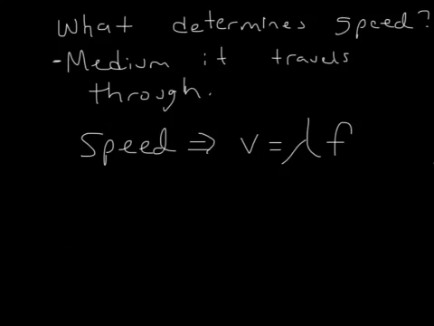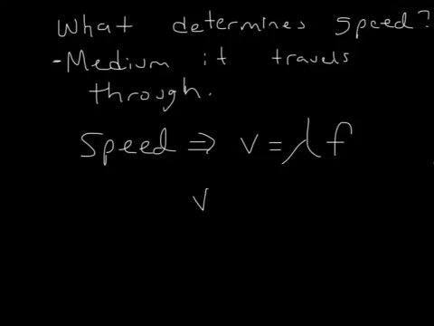So what determines the speed of a wave? Really, that's the medium that it travels through. And the speed is related by our wave speed equation, which is that the velocity of the wave equals lambda, which again is the wavelength, times the frequency.